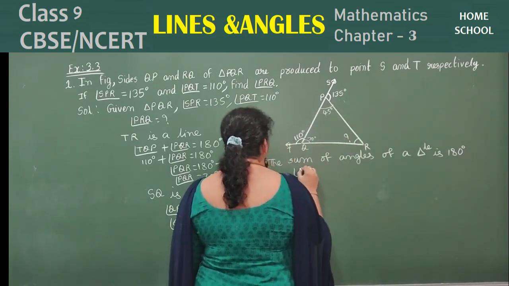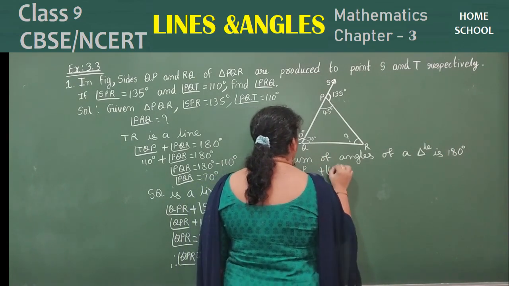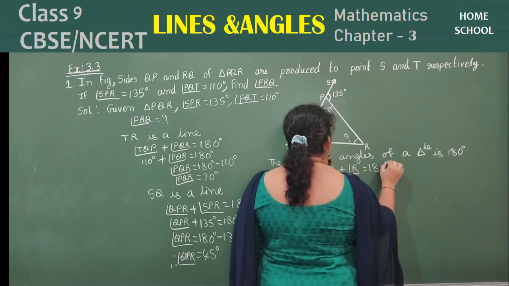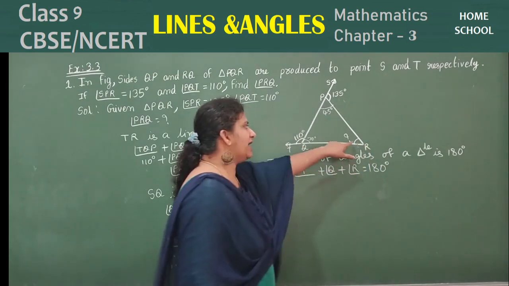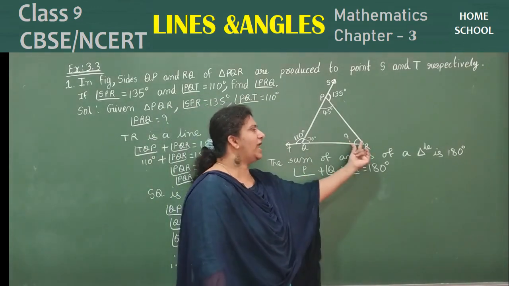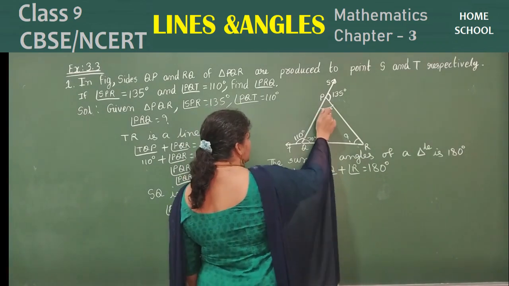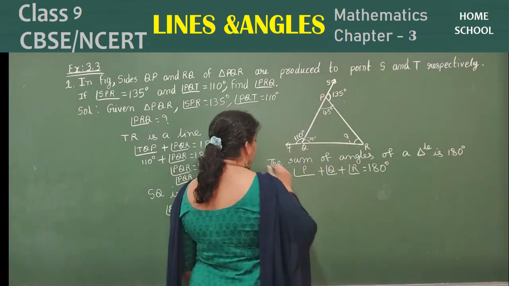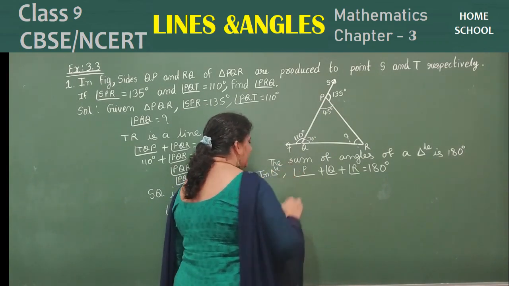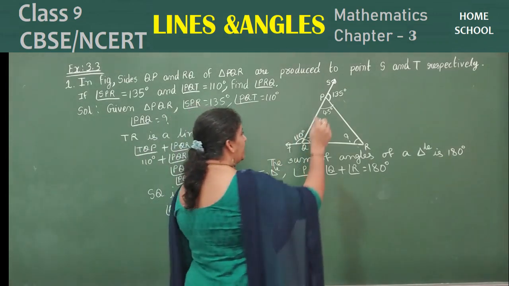Therefore, I write angle P plus angle Q plus angle R is equal to 180 degrees. Angle R you can write, children, or angle PRQ also you can write, full angle or shortcut. So now in the triangle, angle P plus angle Q plus angle R is equal to 180.